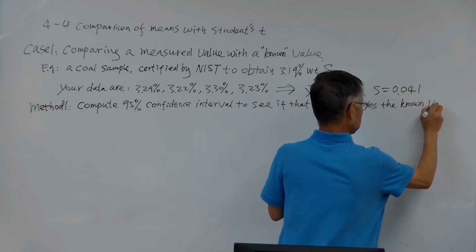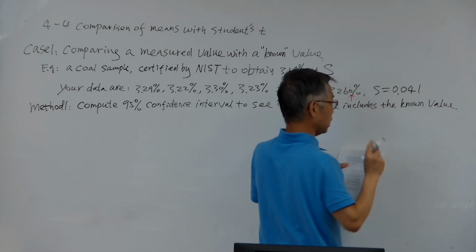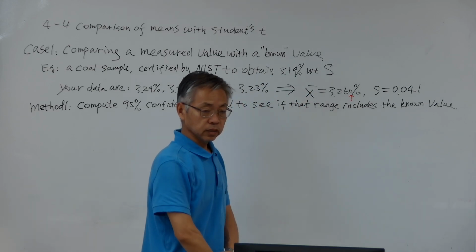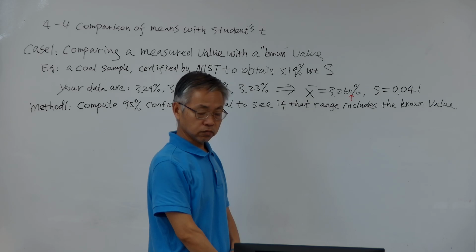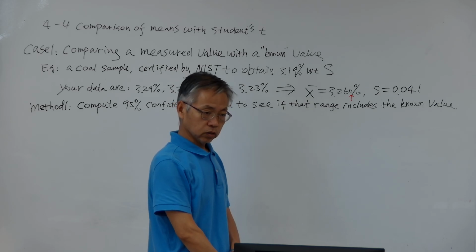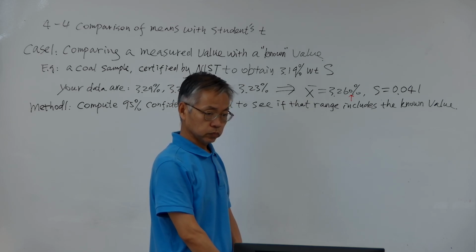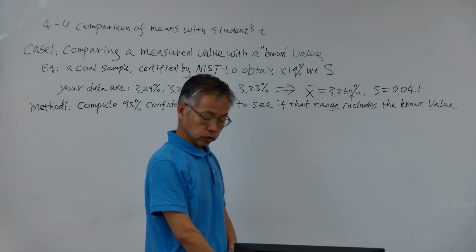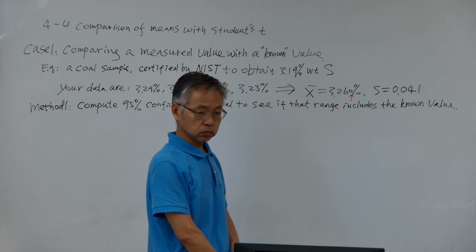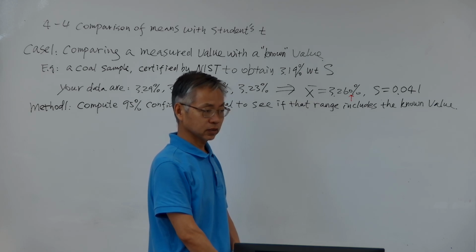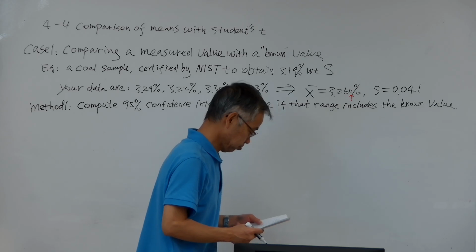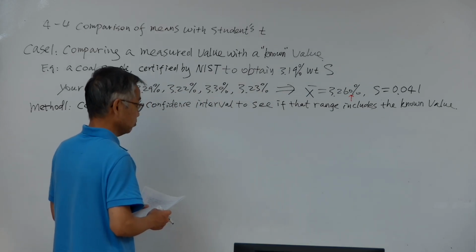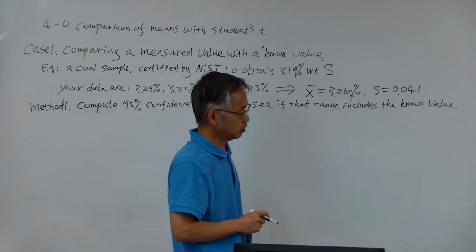This is the idea. If the 95% confidence interval covers the known value, we call your result no significant difference from the known value. In other words, it's approximately the same. Okay, then we calculate the confidence interval.